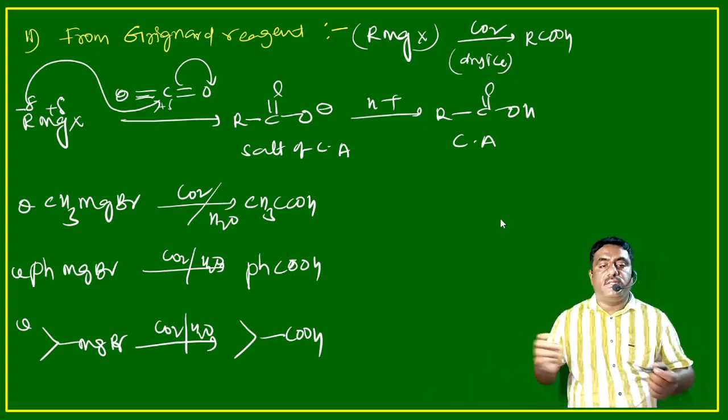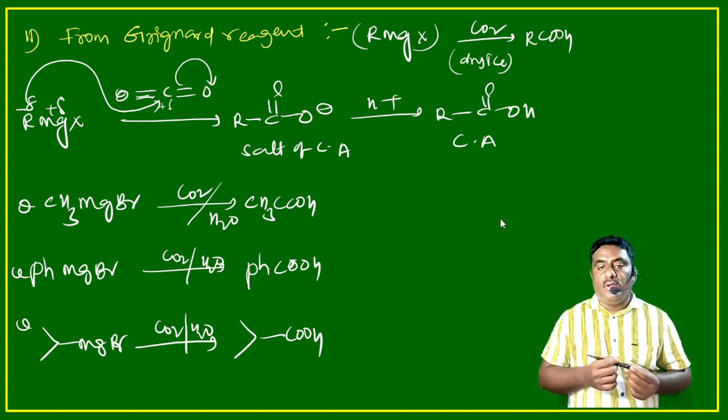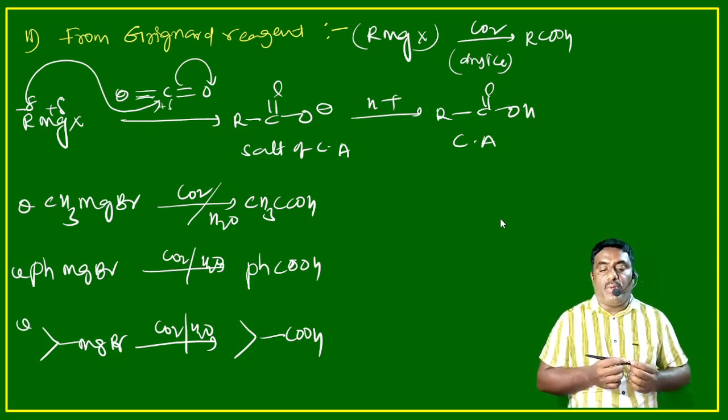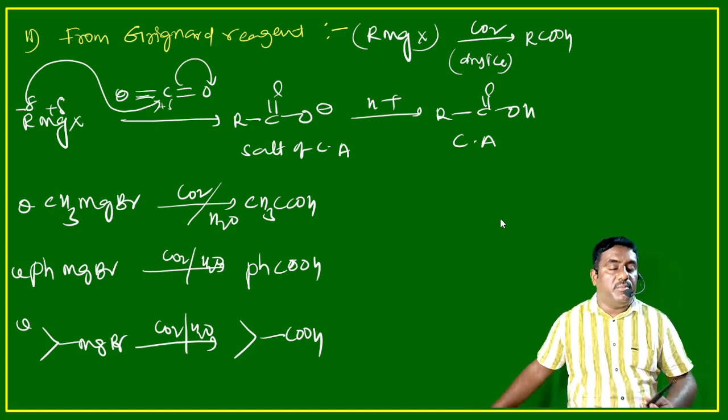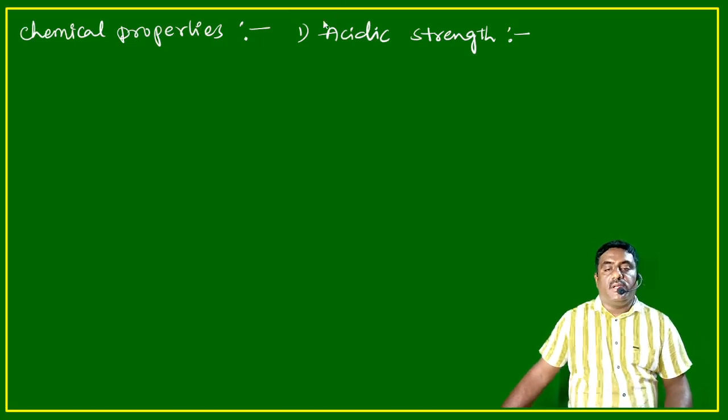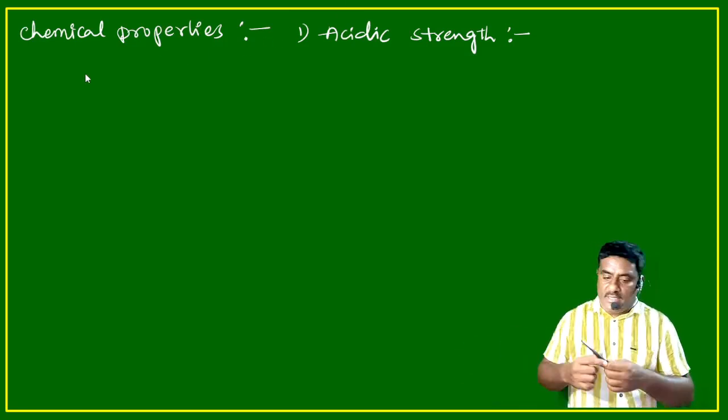These are the general methods of preparation of carboxylic acids. Now have a look at the chemical properties of carboxylic acid. The first one is acidic strength.